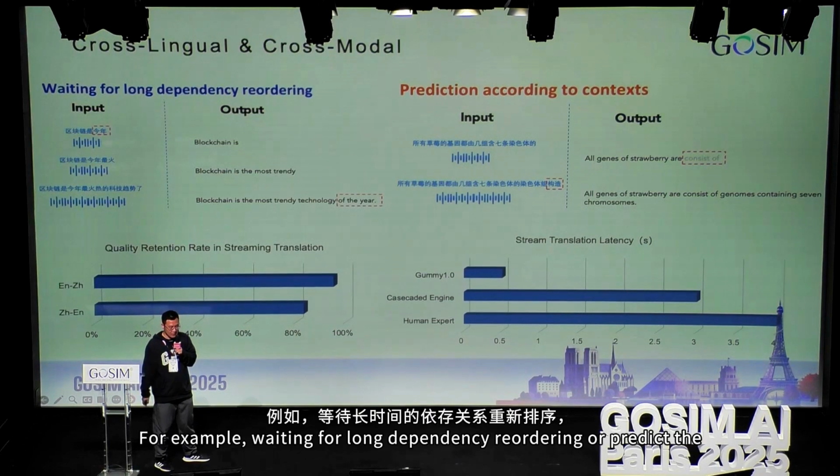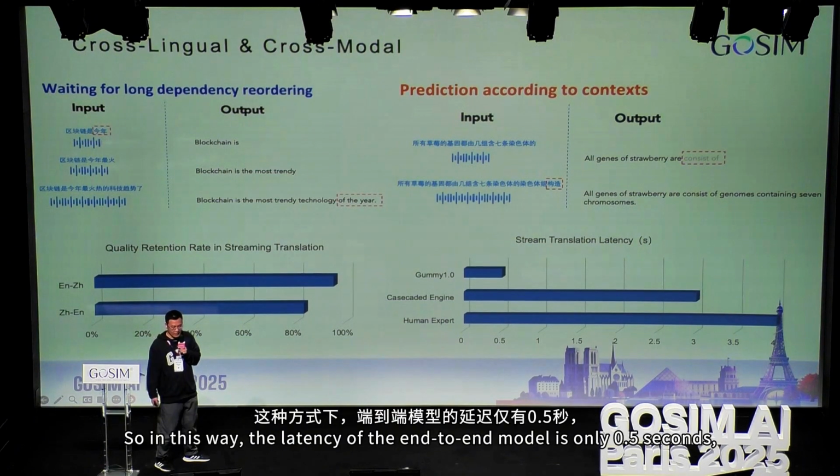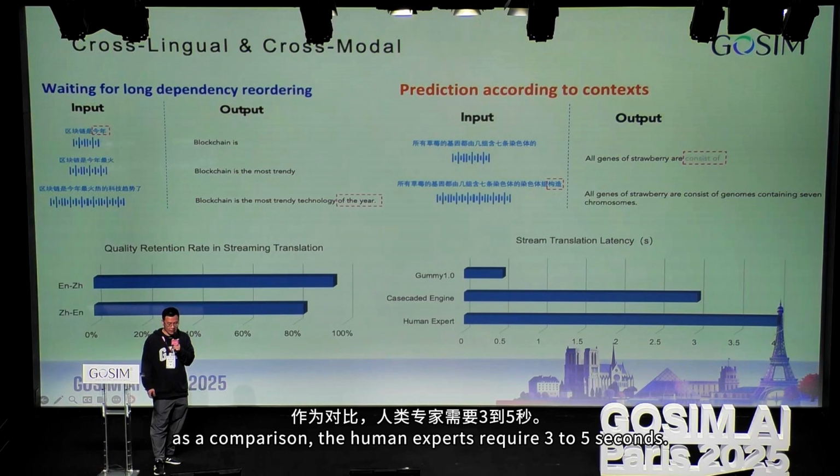For example, waiting for long dependency reordering, or predicting the next token according to context rather than only according to the source sentence. In this way, the latency of the end-to-end model is only 0.5 seconds. As a comparison, human experts require 3 to 5 seconds.